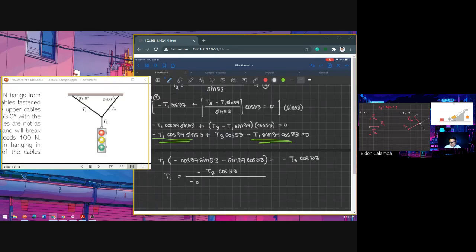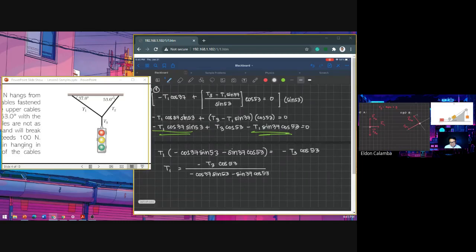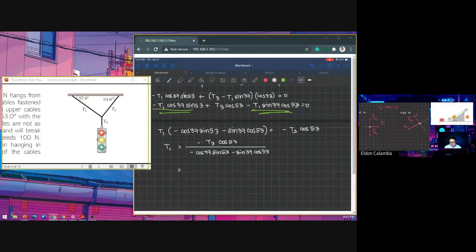So T1 is just equal to negative T3 cos 53 all over negative cos 37 sin 53 minus sin 37 cos 53. So this is equal to T3, that is 122 newtons, cos 53 all over negative cos 37 sin 53 minus sin 37 times cos 53.